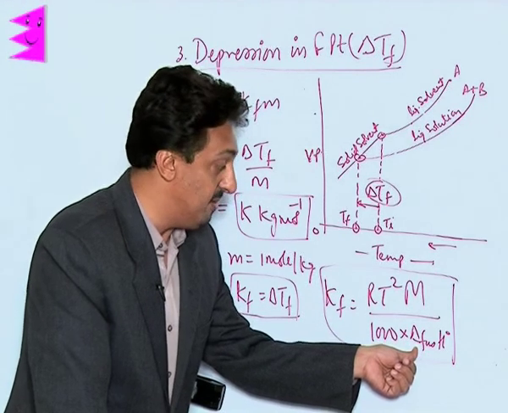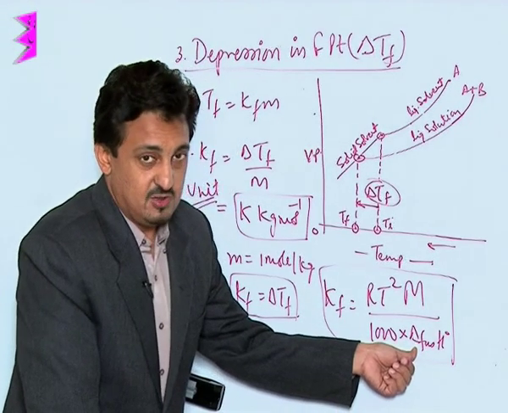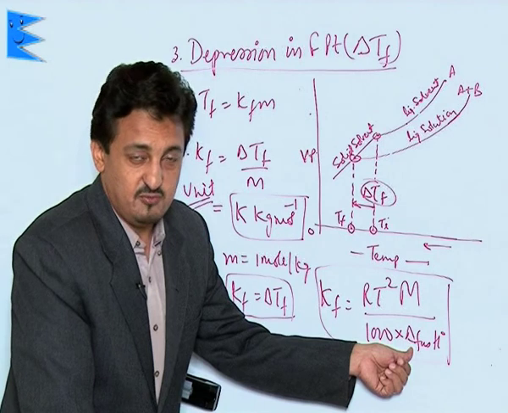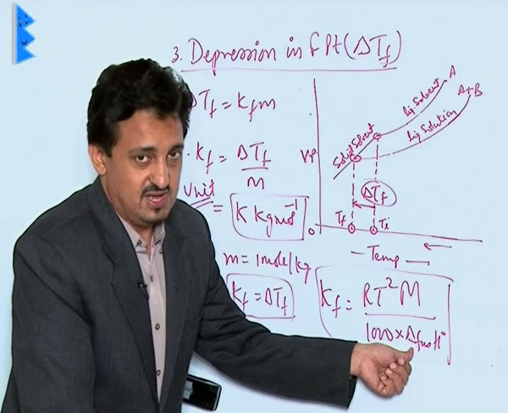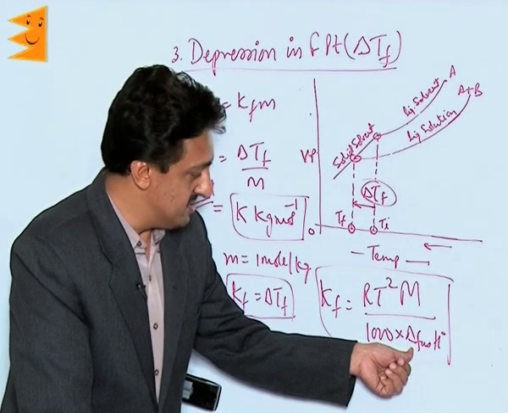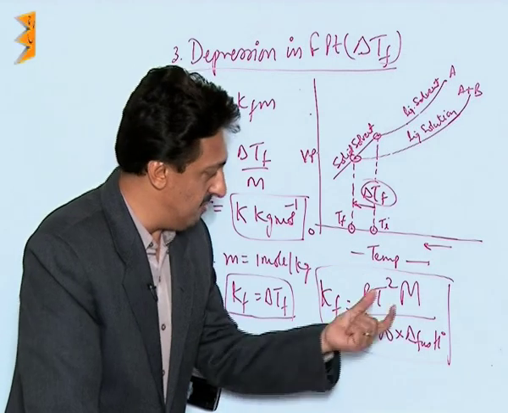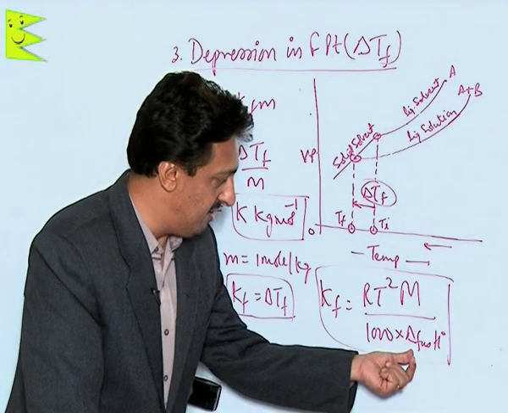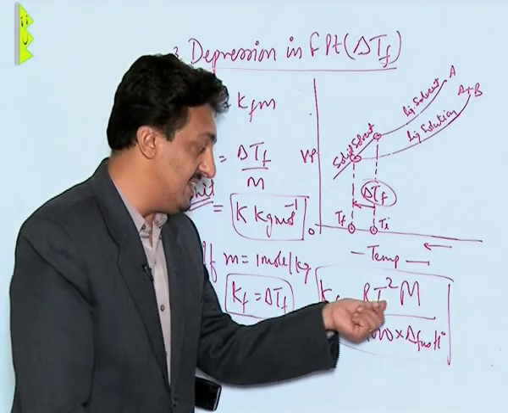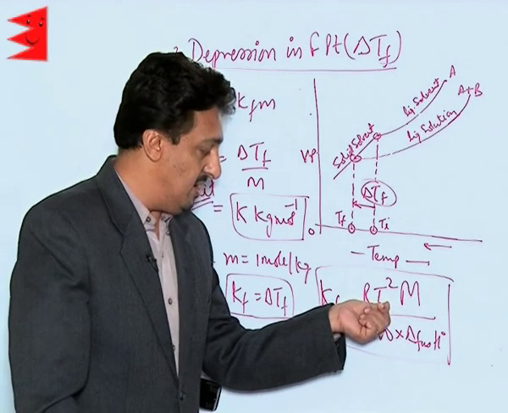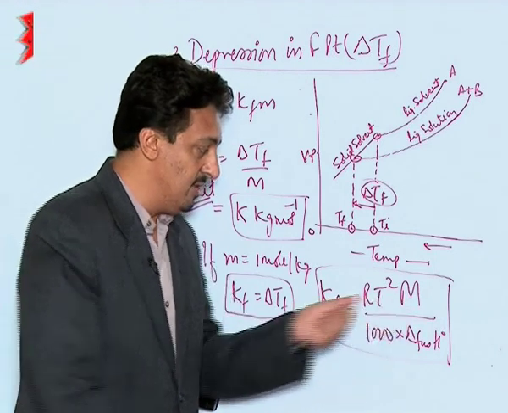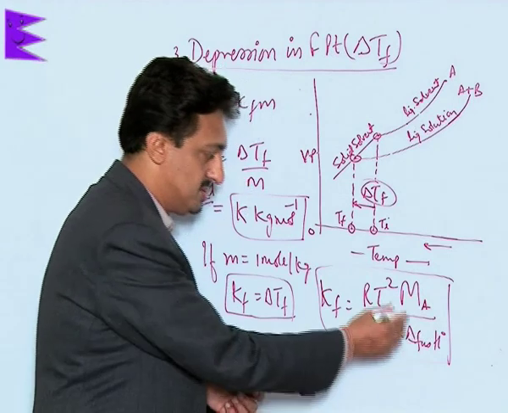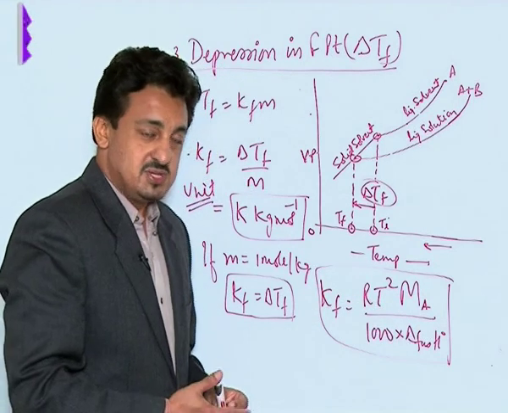Here we have the enthalpy of fusion, the amount of energy required to convert 1 mole of a solid substance into a liquid state. R is the universal constant, T is the freezing point or melting point of the solvent, M is the molar mass of the solvent, so it's M a 1000 upon enthalpy of fusion. So this is what the formula is.